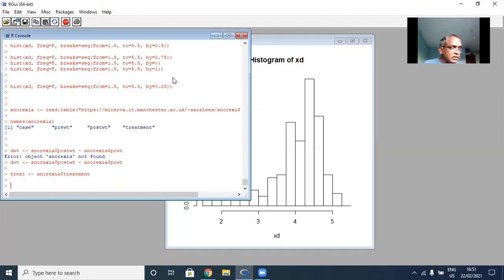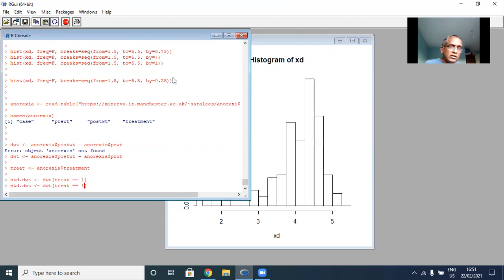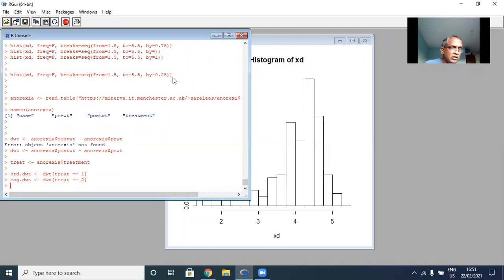Now, the next thing I'm gonna do is the standard difference, which is the DWT when the treatment is equal to 1. And then the cognitive differences for cognitive treatment when treatment is 2, and then something called, I think it's FAM, I don't know what it stands for, but that's when treatment is equal to 3.